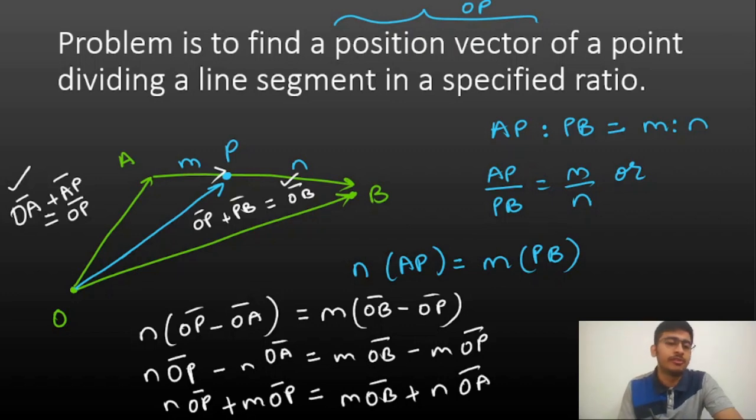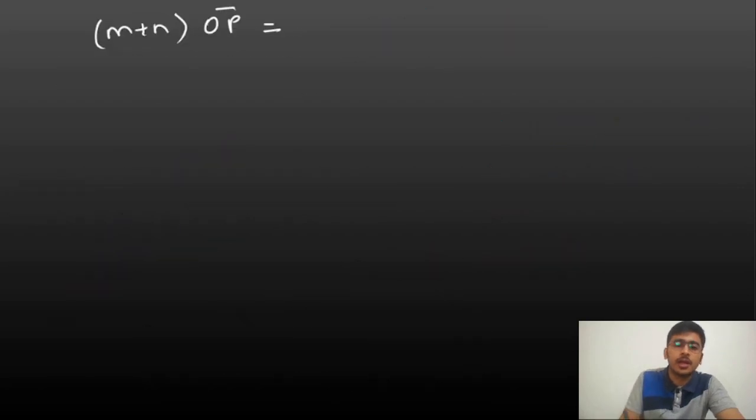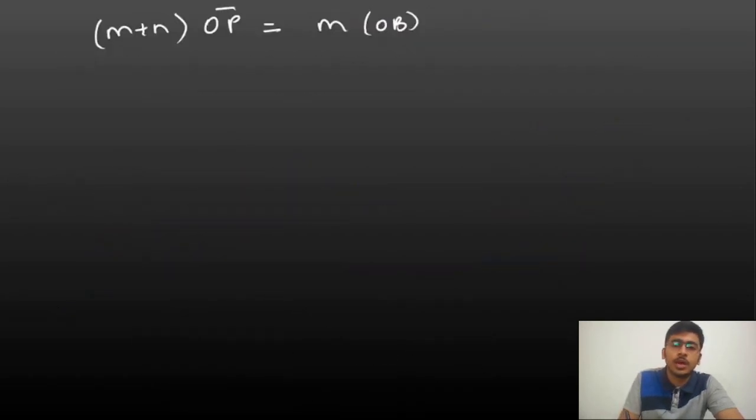And then I'll simplify that equation by simply writing m plus n times OP vector equal to m times OB plus n times OA.